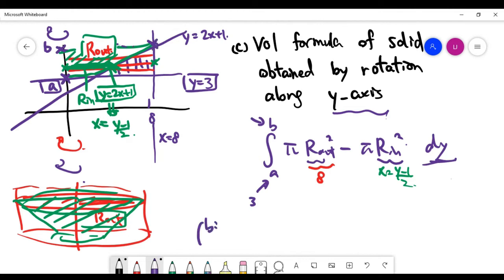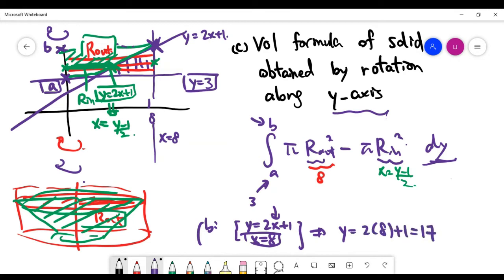The b is based on the y coordinate of this point, which is the intersection of two lines. The lines are y equals 2x plus 1, and the line x equals 8. And we can replace x equals 8 up here. So it means that y equals 2 times 8 plus 1, which is 17. So this is the y value of this point. So it is actually b, right? So it means b is actually 17.